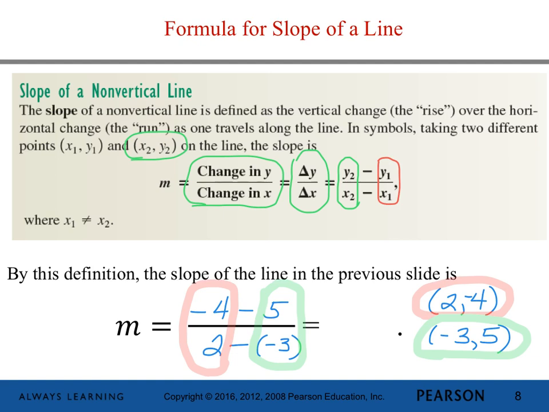And our slope, which is the change in y over the change in x, was negative 9 over positive 5.